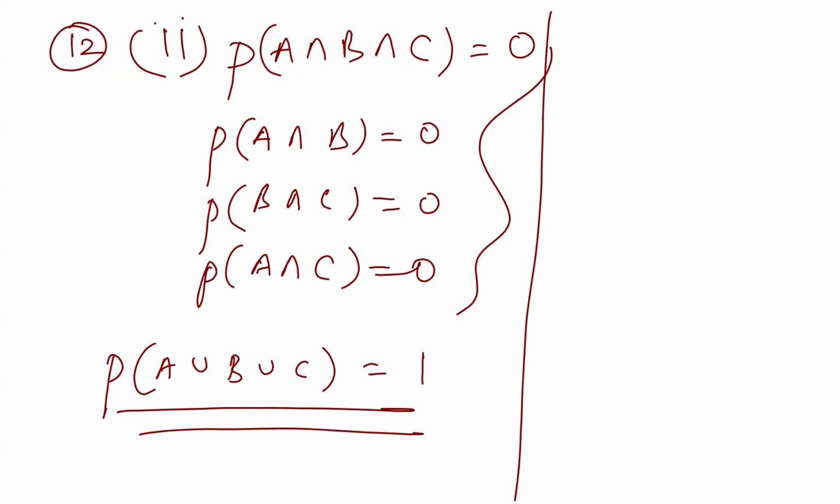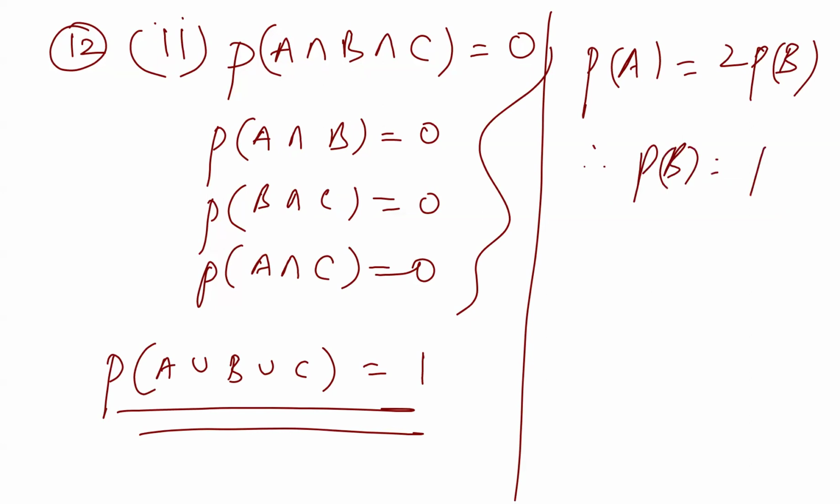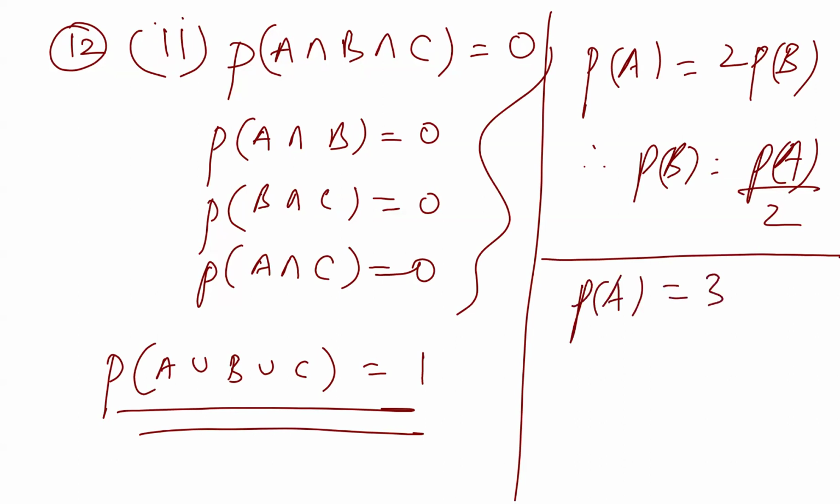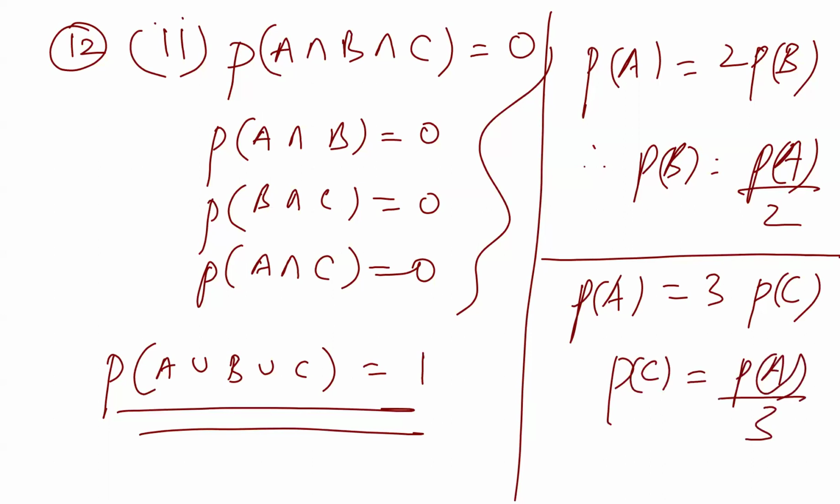Since it is exhaustive, P of A union B union C is equal to 1. Now P of A is equal to twice P of B. Therefore P of B is equal to P of A upon 2, and P of A is equal to thrice P of C. So P of C is equal to P of A by 3.